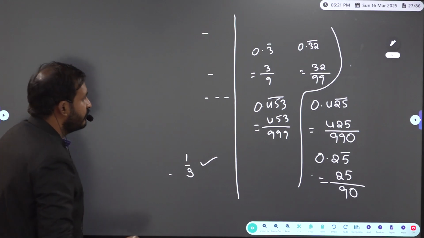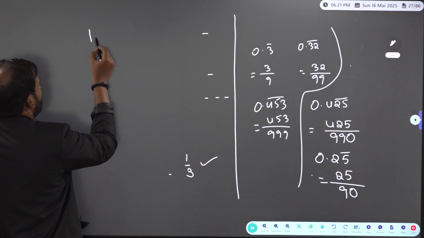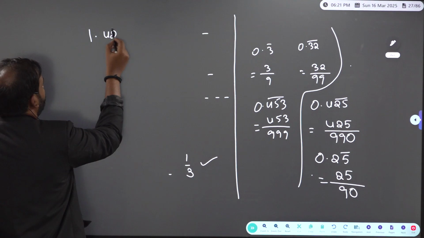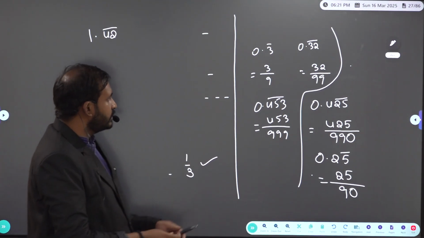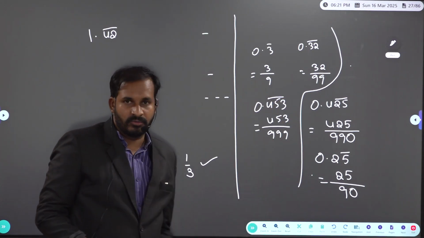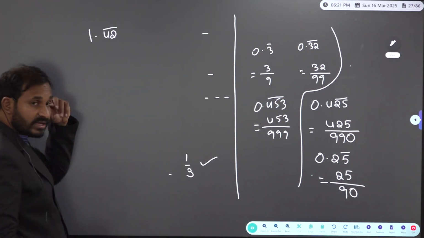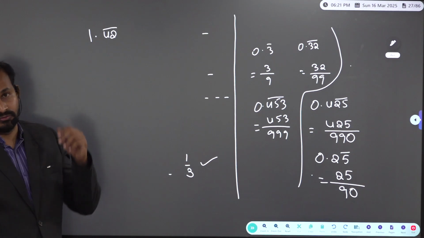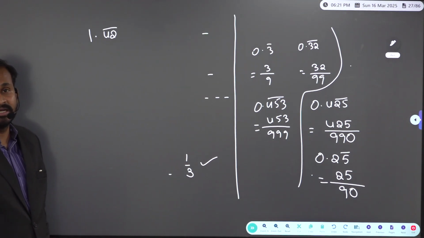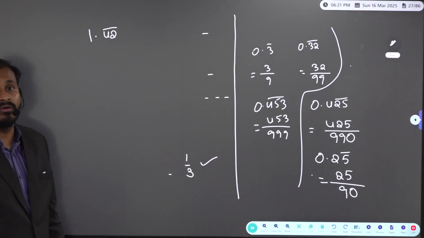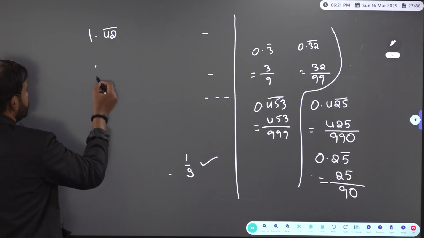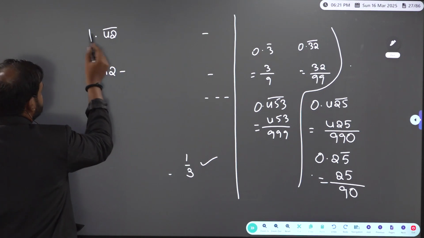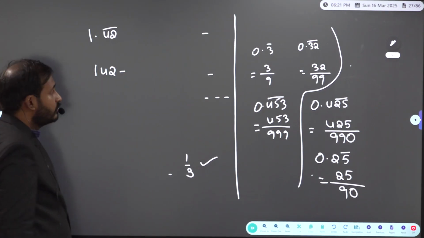And similarly, if you have a question something like 1.42 bar, please note that till now in all the examples we have taken 0 before the decimal, but for the first time we are taking 1.42. Now how do we need to solve this one? What we need to do is 142 minus, what do you have? 1.